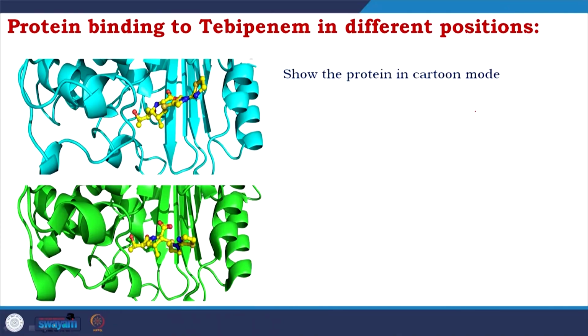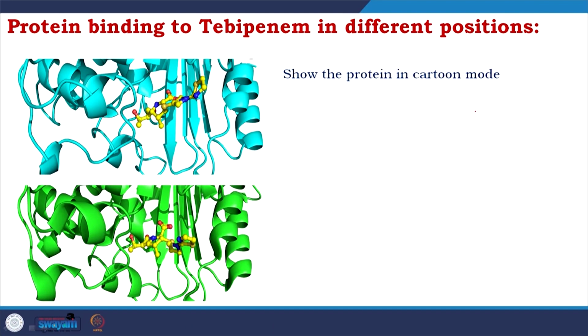So, two beta lactamase structures we have, both with tebipenem, but in one the tebipenem could not react where the mutation of lysine to alanine happened, and in one the reaction, the first step, the acylation, happened. So, that is the scenario.